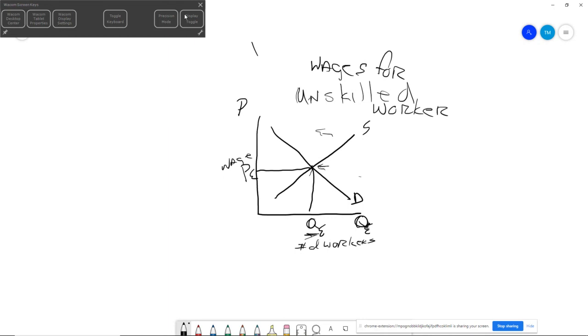But if we have a large influx of unskilled workers, this is what we see. We'll see the quantity of workers going up, Q1, and we'll see the price of workers go downward.